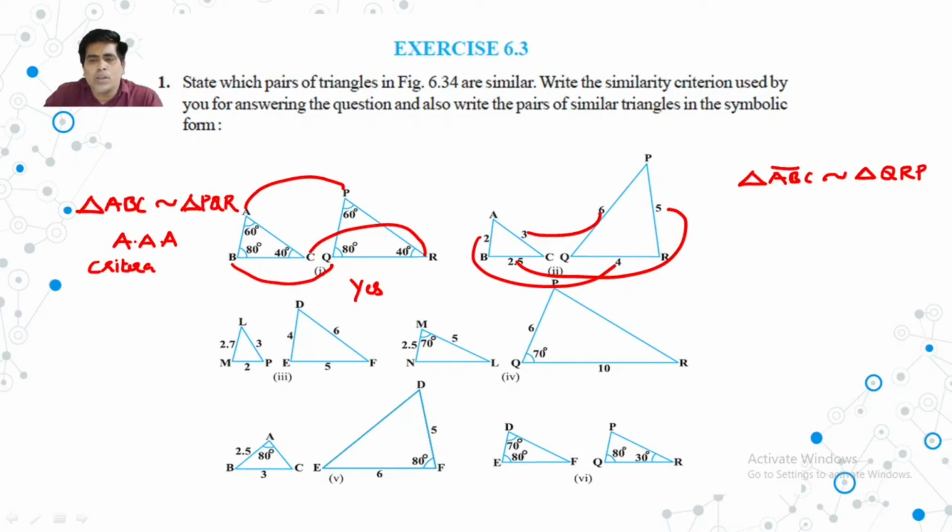AB is 2 centimeters. What about QR? QR is 4 centimeters. Yes, it is matching. BC is 2.5. What about RP? It is 5. It is matching here. And last but not least, what about AC? AC is 3 centimeters here.